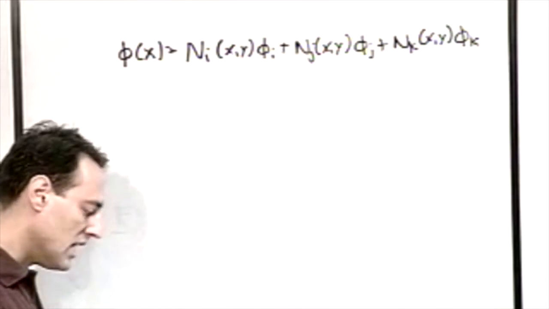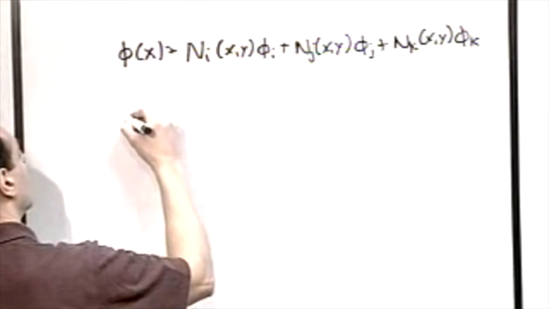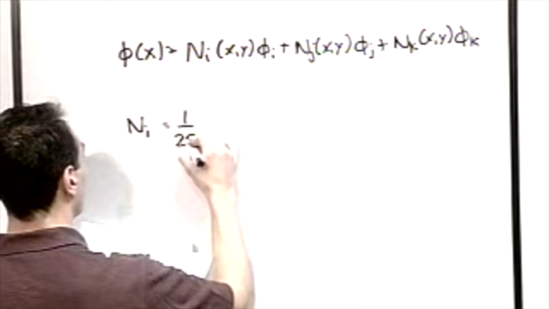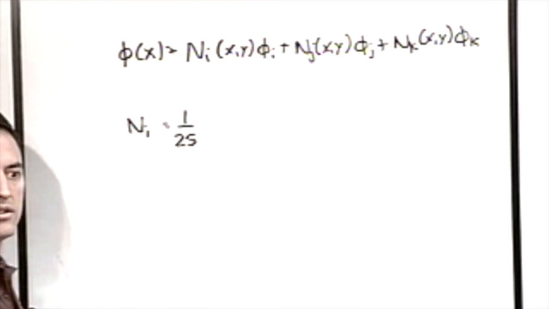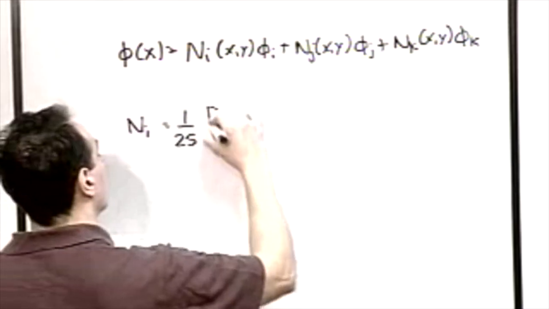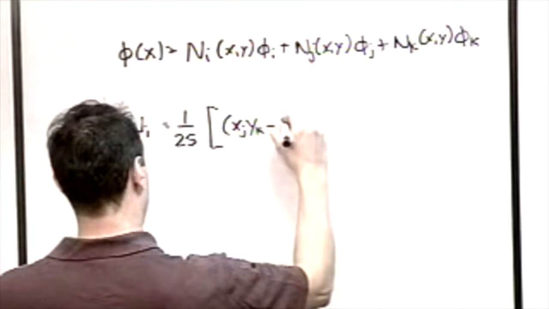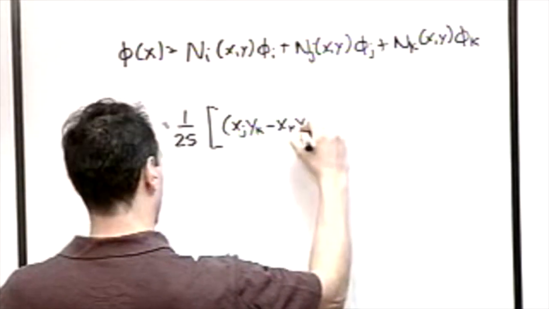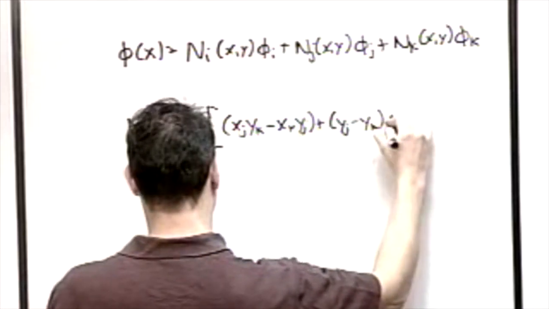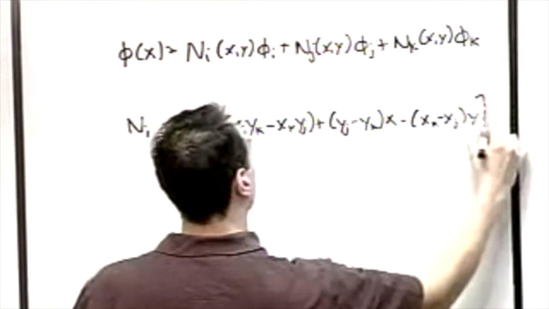Where now these n_i's and n_j's and n_k's are a little bit trickier looking than before, but for instance, let me write n of i is equal to 1 over 2 times the area of that triangle projected down onto the xy plane, times x_j y_k minus x_k y_j plus (y_j minus y_k) x minus (x_k minus x_j) y.